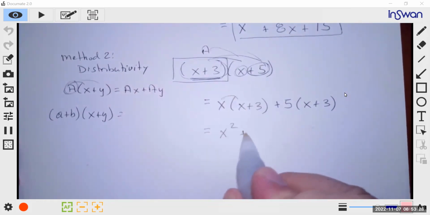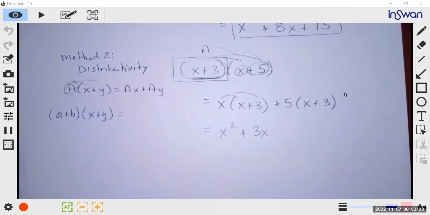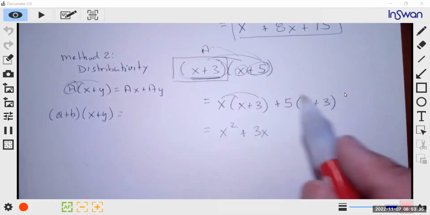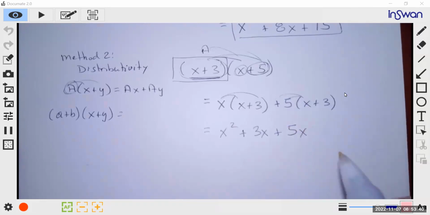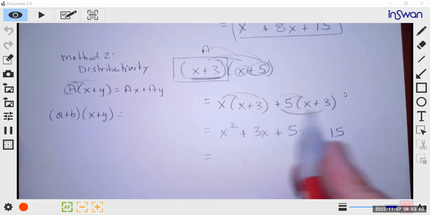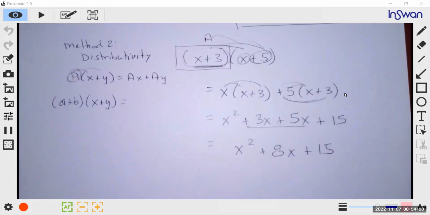Positive, positive is a positive. X times 3, 3x. That's that one. Positive times positive is a positive. 5 times x is 5x. Positive, positive is positive. 5 times 3 is 15. We got rid of parentheses, combine like terms. 3 plus 5 is 8. It's the same answer.